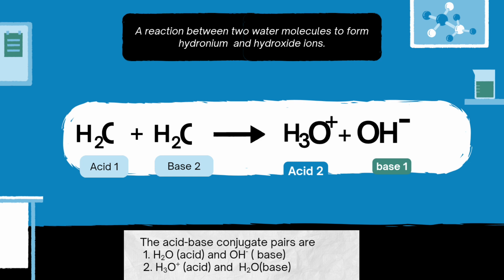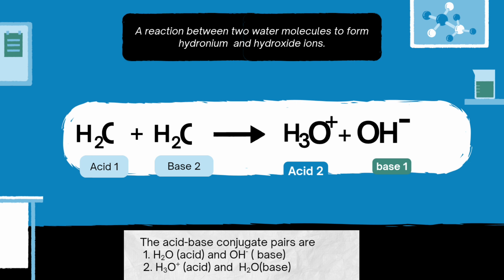Then the other water receives the hydrogen ion to form the hydronium ion. So the concept is about receiving and donating, accepting and donating. You get it? The actual idea behind Brønsted Lowry is just to accept and to donate.